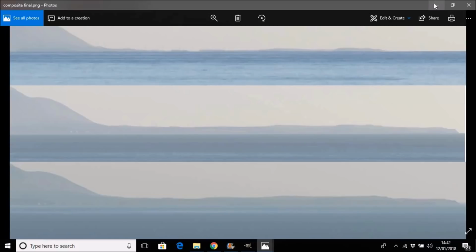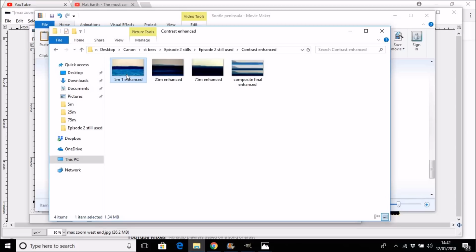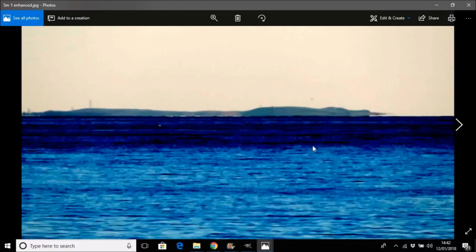I've also done some contrast enhanced shots of these just to make things a little clearer. Let's see if this will open up. Okay, so here you can see more clearly the evidence of a mirroring line, so that the sky is being mirrored here, and the mirror line would be roughly in the middle of that, and so anything below that line is almost certainly a reflection.